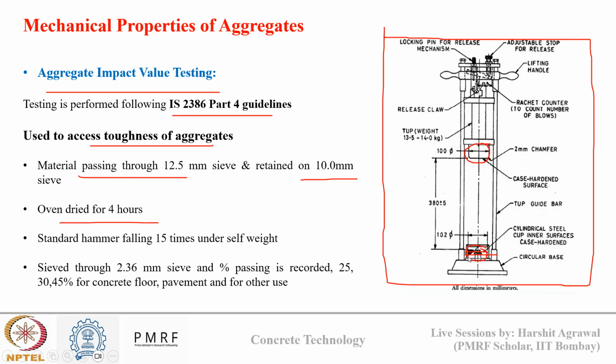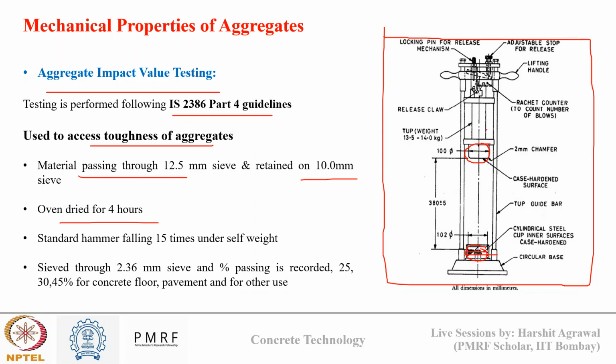The diameter of the container where I fill the aggregate, the diameter of the hammer which will hit the aggregate, the distance between the hammer and the aggregate: all these sizes are fixed so that whatever value we calculate is as per the standard. Based on the location, the value should not change. It should change only because of the quality of aggregate.